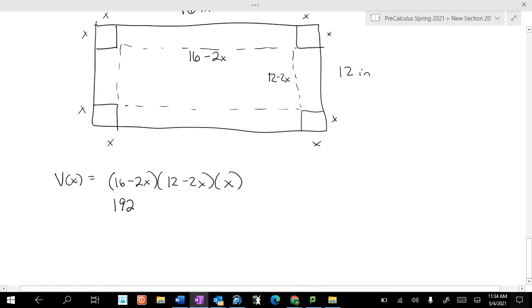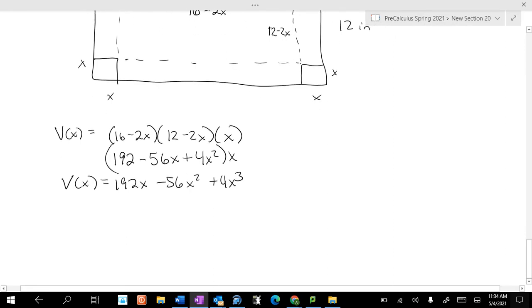Inners is negative 24. 32 and 24 is 56, plus 4x squared. Take that all times x, and it's 192x minus 56x squared plus 4x cubed. That's the volume function.